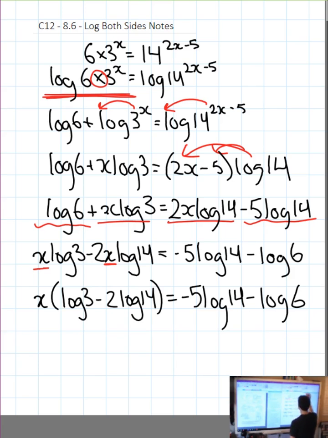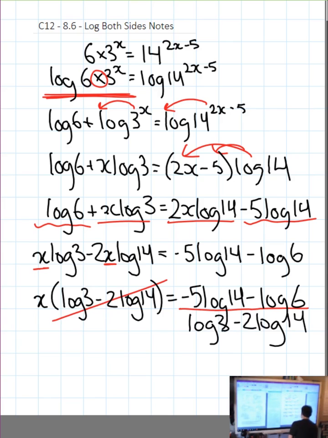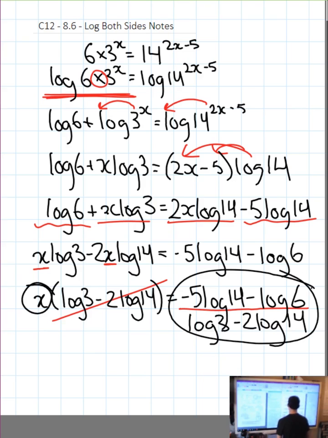And now I'm simply going to divide both sides by those brackets attached to the x. And that is what x is equal to. Remembering, you can type it in the calculator to figure out what the decimal is.